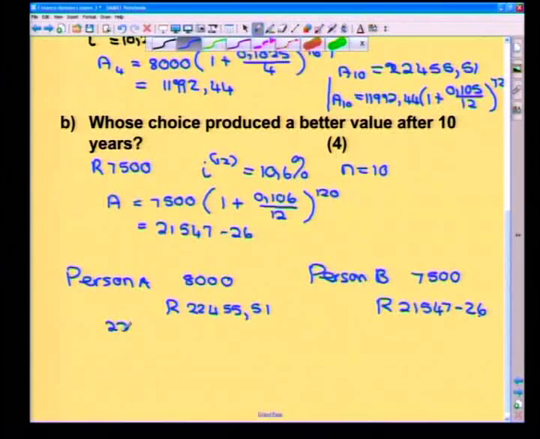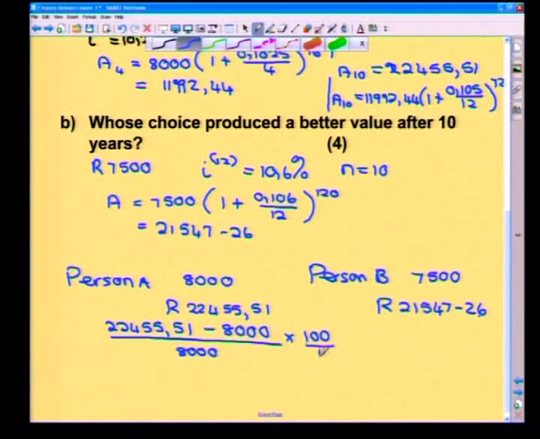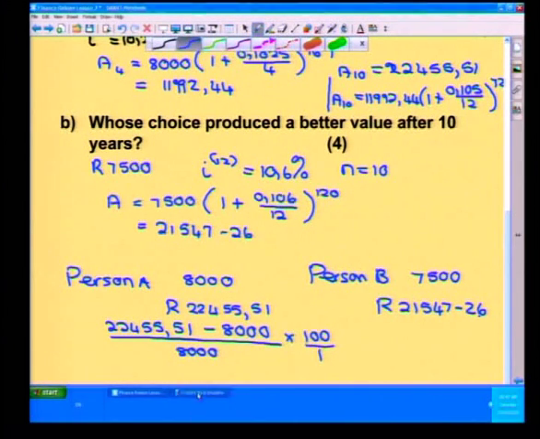What do I mean by that? Well, what I do is I take this amount, this 22455.51, I subtract the original investment, and then what I do with that is I then work out a percentage. So I'll take this answer, divide by the original amount, times 100 over 1, making it a percentage. So let's pull the calculator up and see how he did.